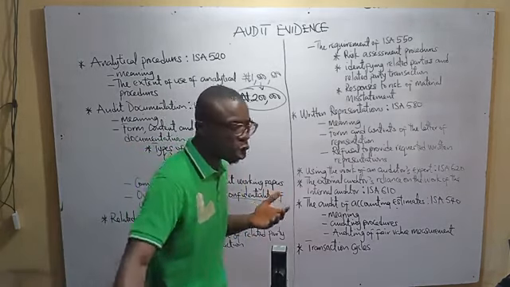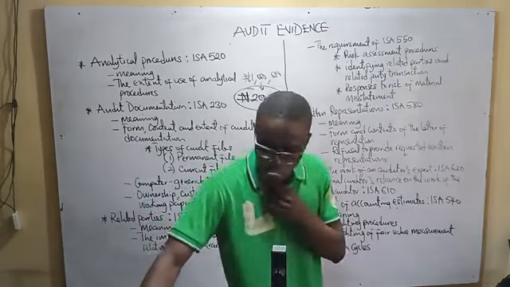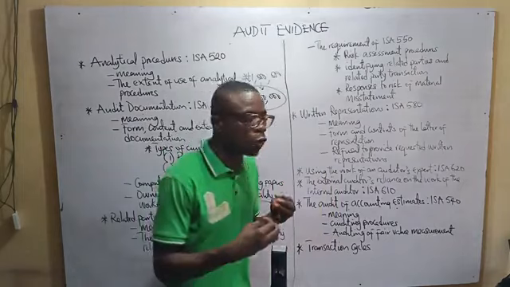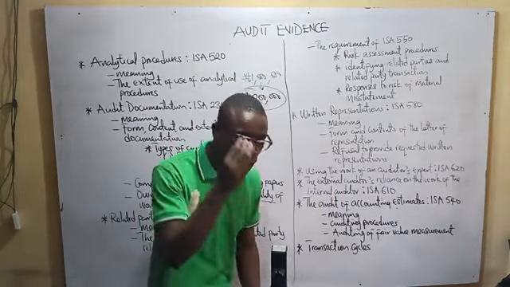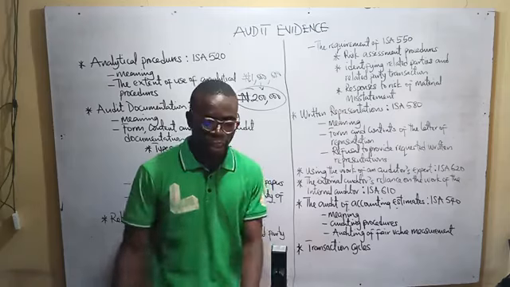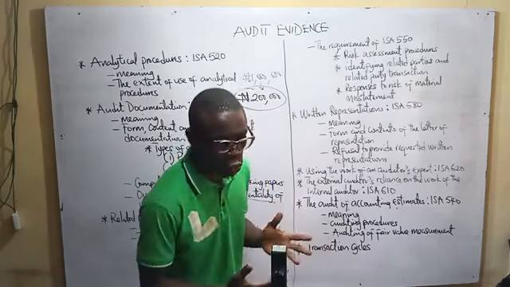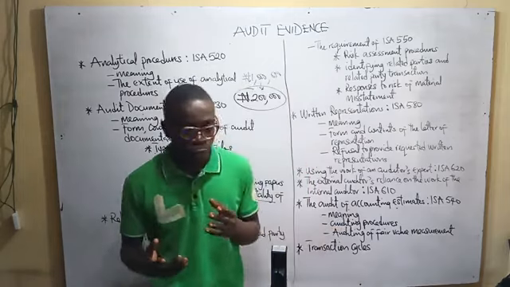Also, the external auditor will need to look at the technical competence and the professional care of the internal auditor. Is this someone that is sound? Is it someone that is competent, that has the technical skills to work as an auditor?